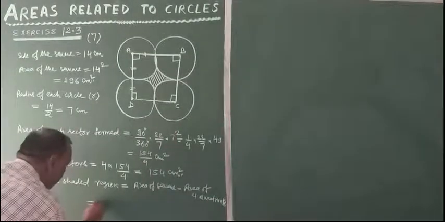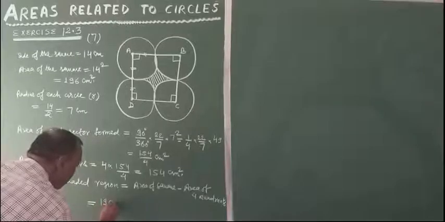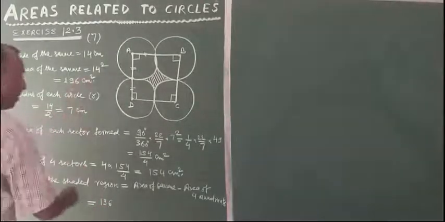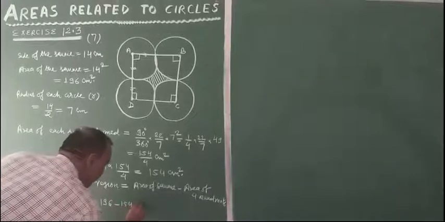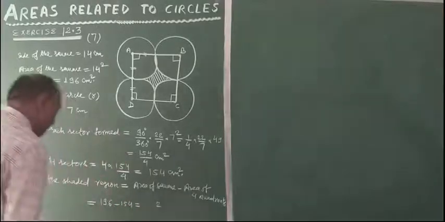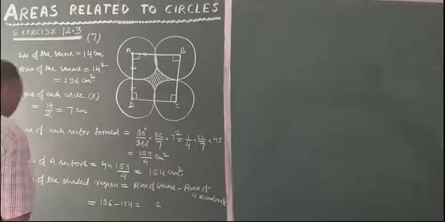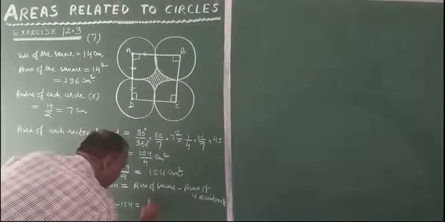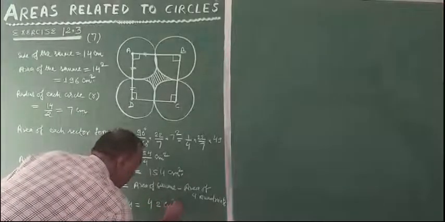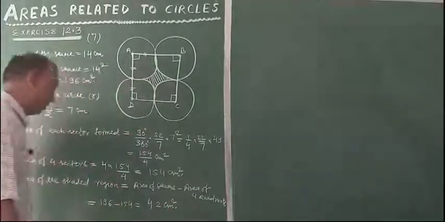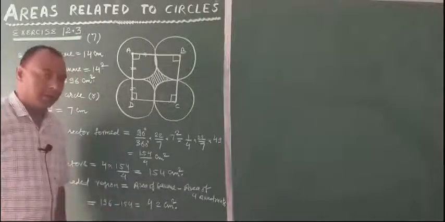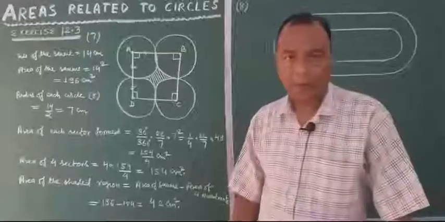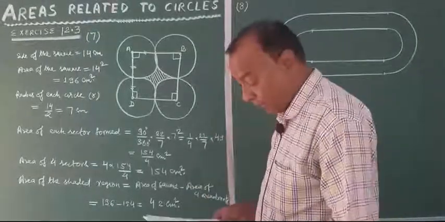So what is the area of the square? That was 196 minus 154. That is 42 centimeter square. So what is the area of the shaded region? 42 centimeter square.